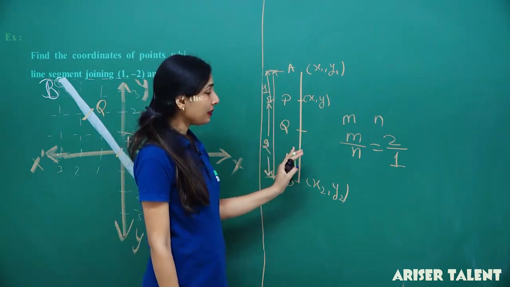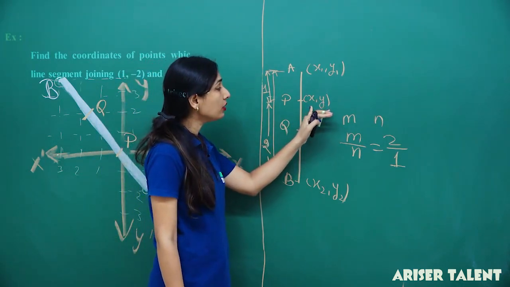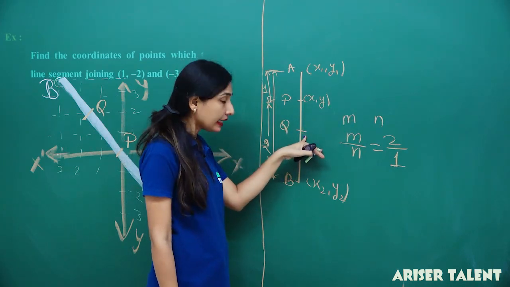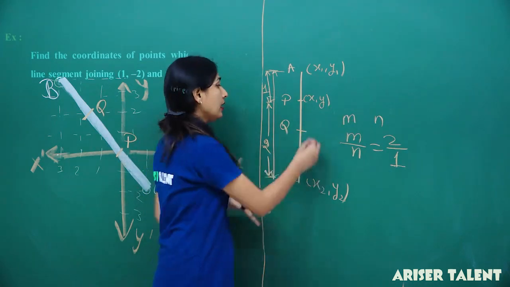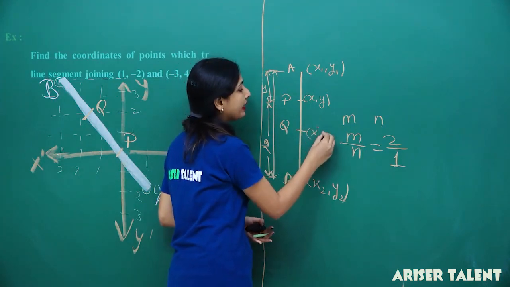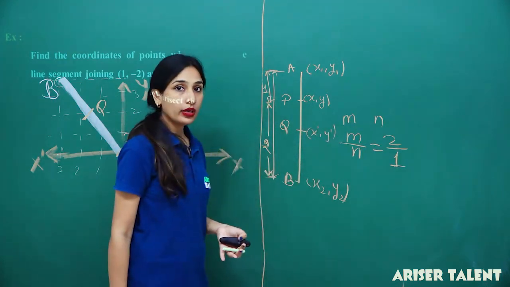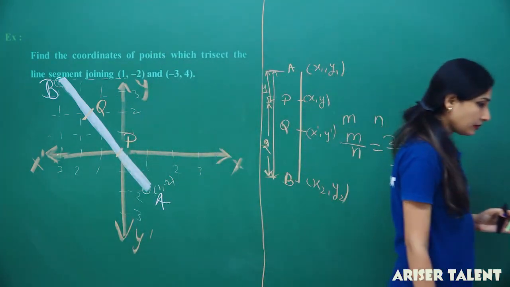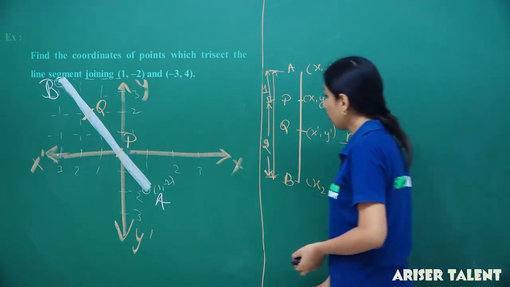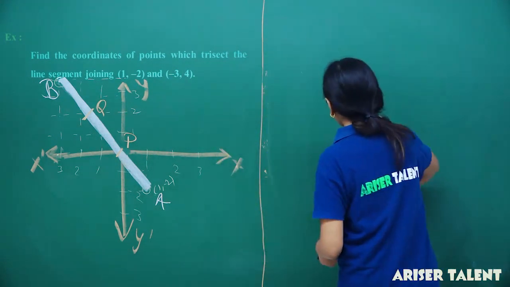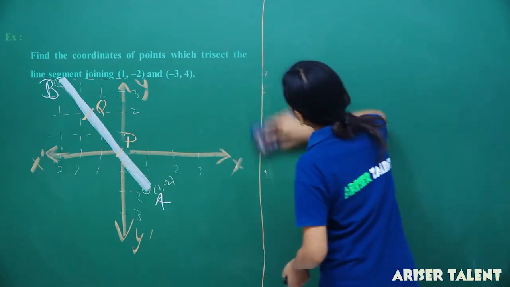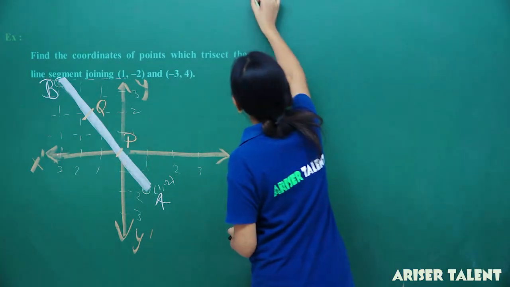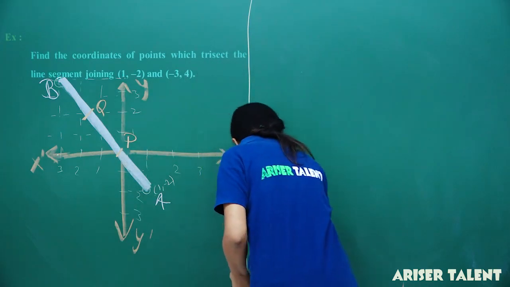So I'll apply this formula and we'll find the coordinates x and y here, and then I'll apply the formula again and we'll find, let's suppose, x dash and y dash here. So this is the format. Now we'll start with the question.